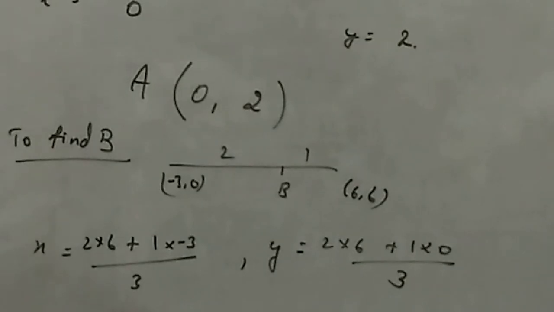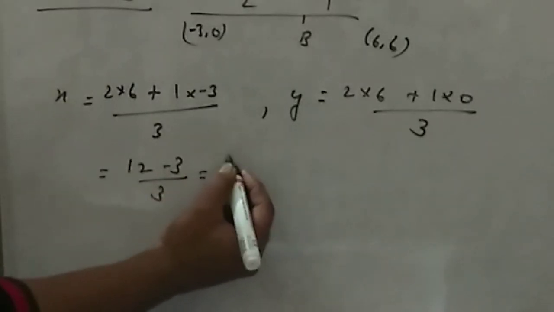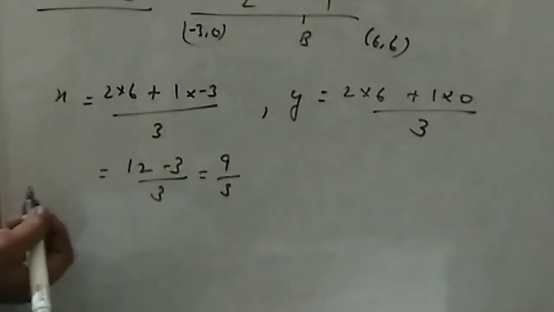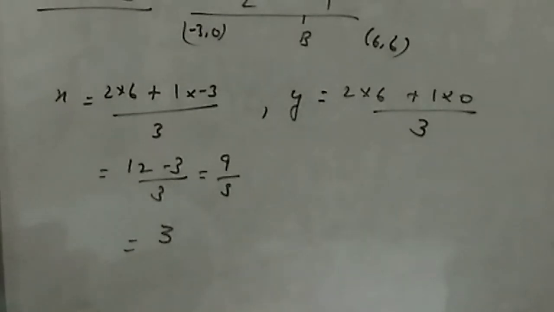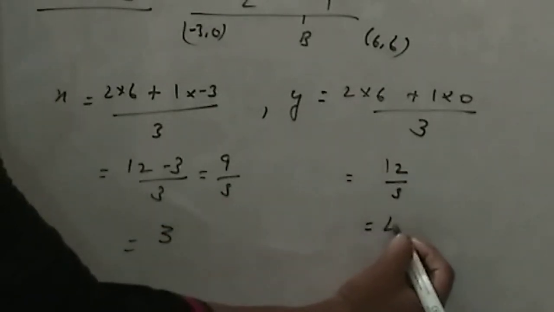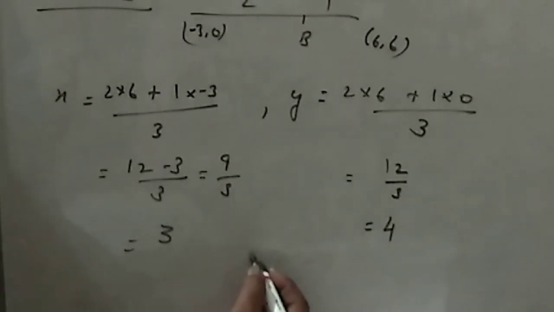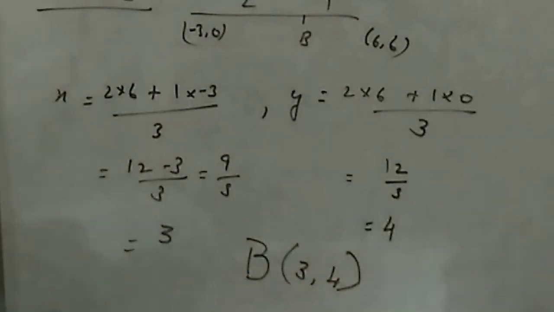So you will get 12 minus 3 upon 3, you can get 9 upon 3, that is equal to 3. And here 12 upon 3, that is equal to 4. Now write the point. B is (3, 4). What is the coordinates of B? 3 and 4.